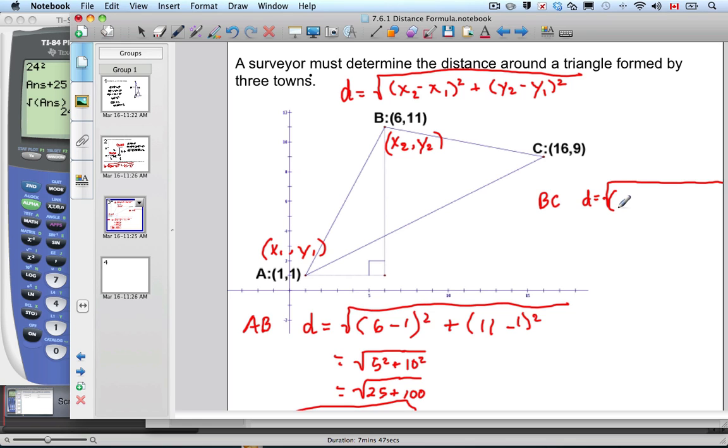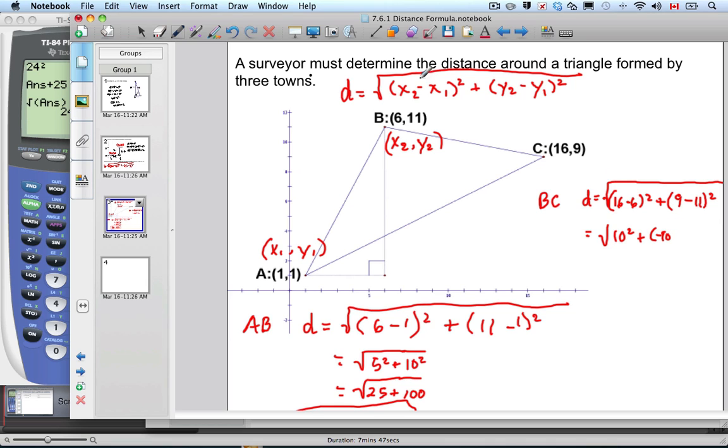So you want to make C x1? All right, so 16 minus 6, we square all that, plus, start with the same value, 9 minus 11, squared. Which is then, again, 10 squared plus a negative 2 squared.